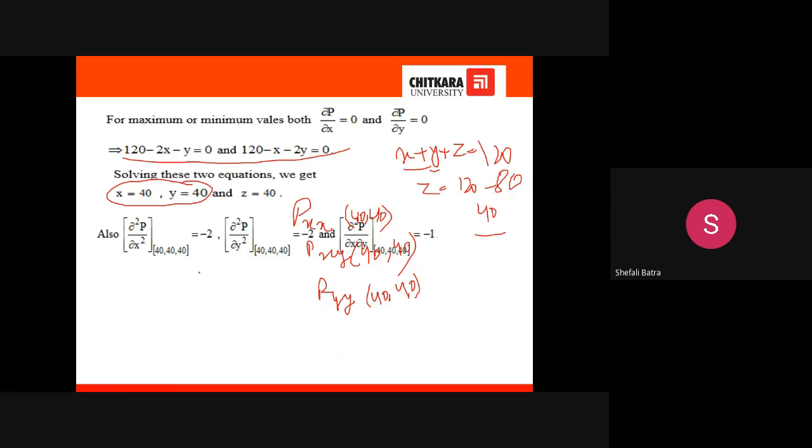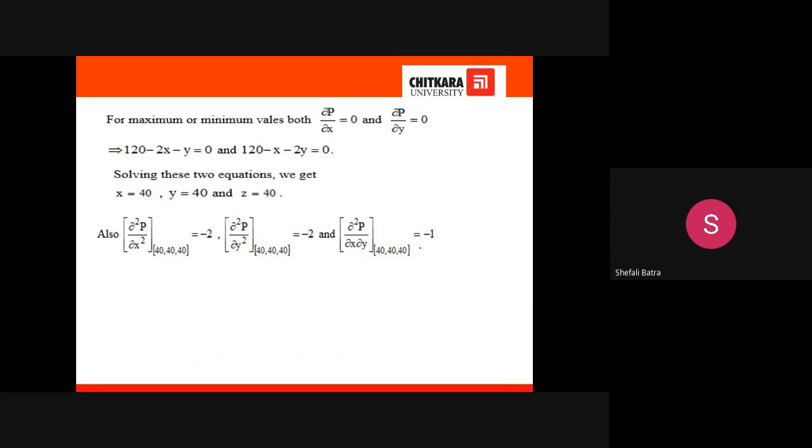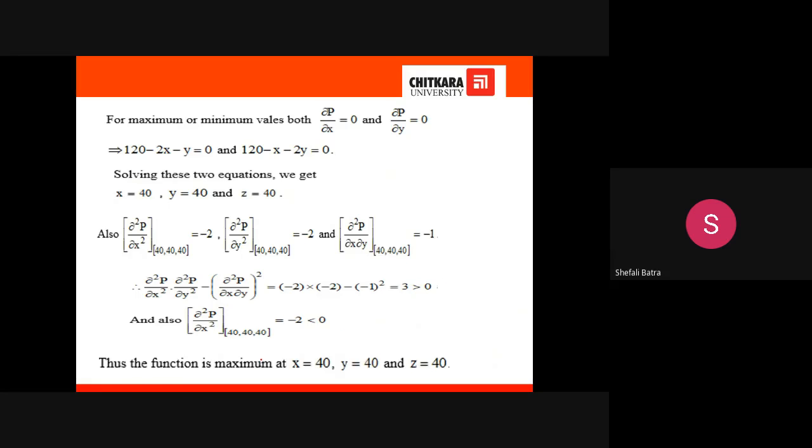So you have evaluated all these derivatives. We have calculated this, then checked this is greater than 0, this is less than 0. So the function is maximum at x is equal to 40, y is equal to 40, and z is equal to 40. I hope it is clear.